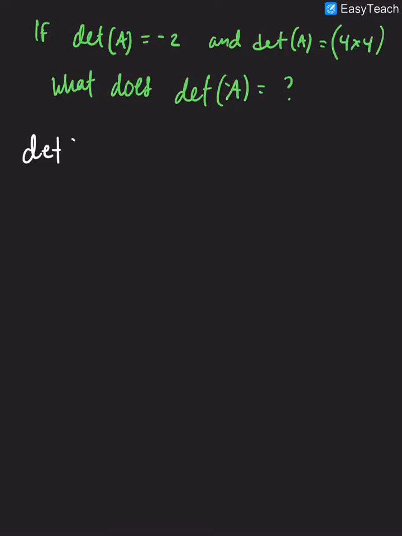So let's say that the determinant of negative A equals, so yeah, we don't know yet. So if you remember, we pulled out a constant, or k, before, but now we're going to pull out the negative 1, because there is a negative 1 there. And that's the determinant of A now.